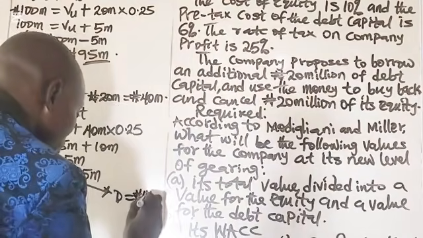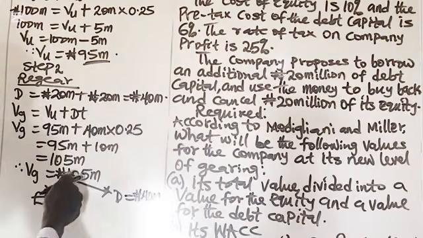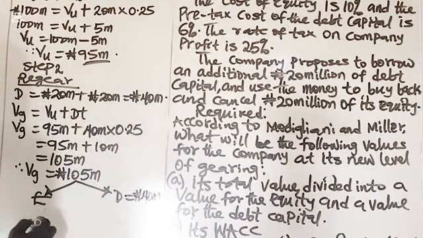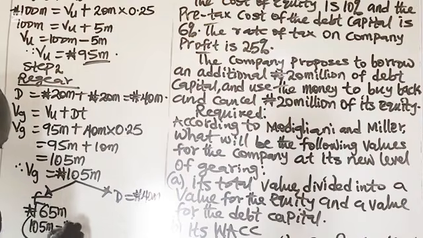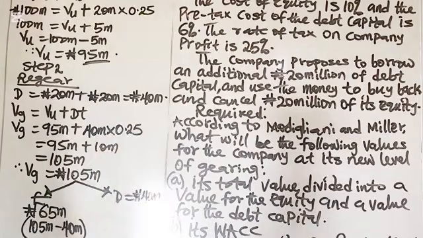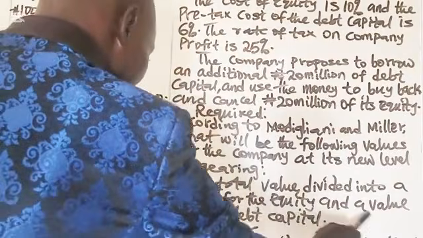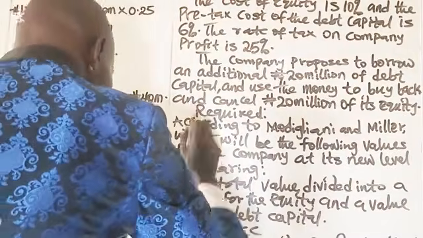Of 105, if 40 million naira is for debt, then the remaining 65 million naira will be the value of equity. That is 105 million minus 40 million. So the value of equity is 65 million naira. Now we are done with the A part of the question, the total value divided into a value for the equity and a value for the debt. So that is the solution to A.